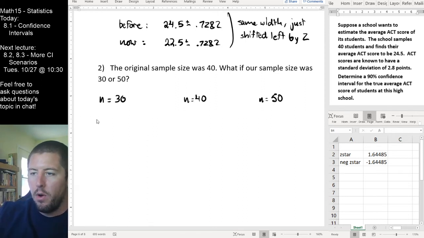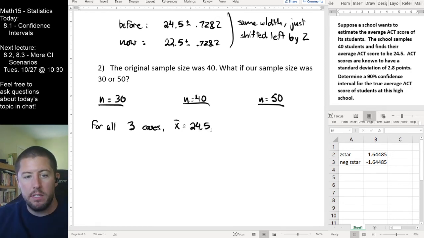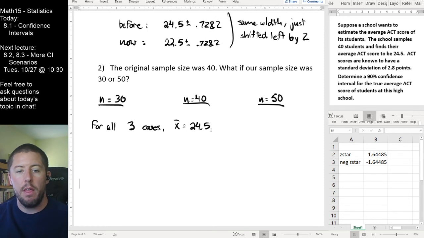In all 3 cases, x bar is 24.5. I didn't change my point estimate, so that's still 24.5 for all 3 cases.